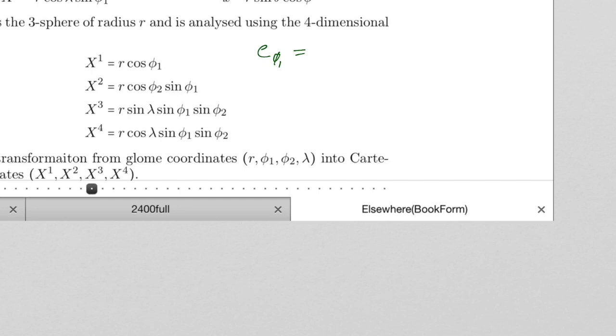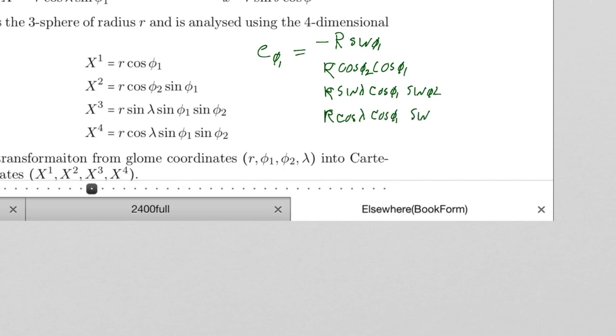It should be the derivative of that with respect to phi 1, it's going to be minus r sine phi 1, and then it's going to be r cosine phi 2 cosine phi 1, and then it's going to be r sine lambda cosine phi 1 sine phi 2, and then, no minus sign, it's going to be r, these should be capital R's, r cosine lambda cosine phi 1 sine phi 2.